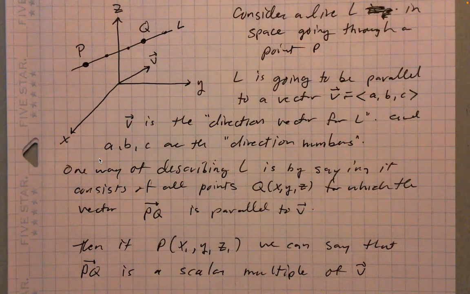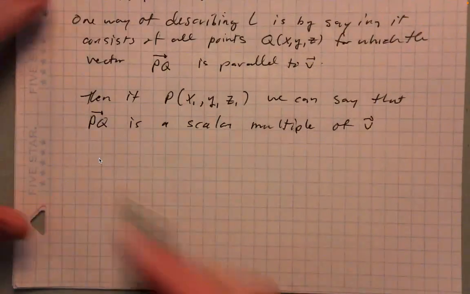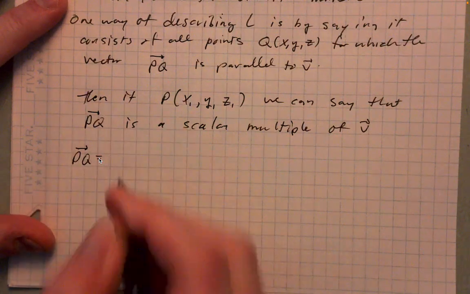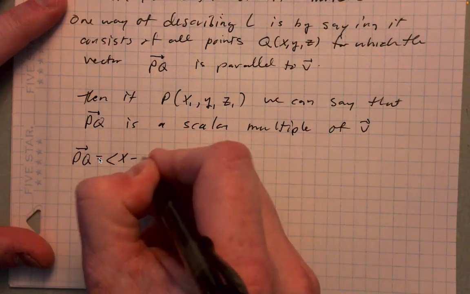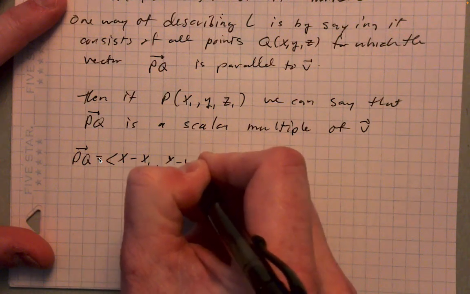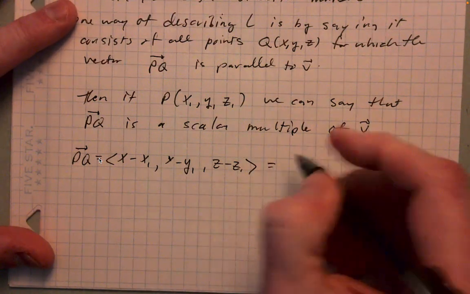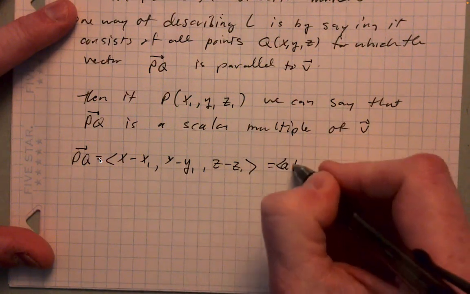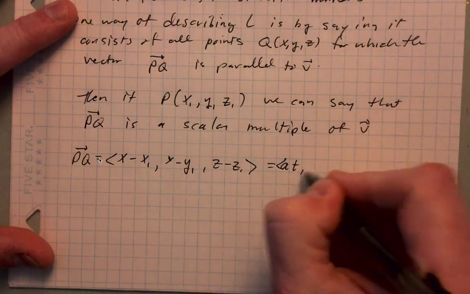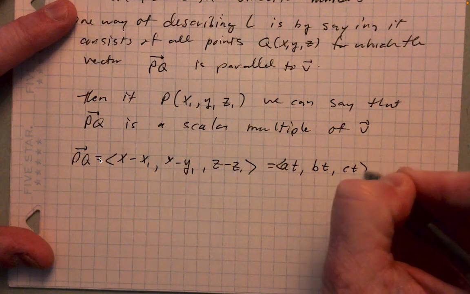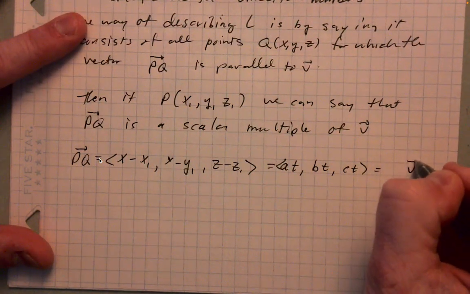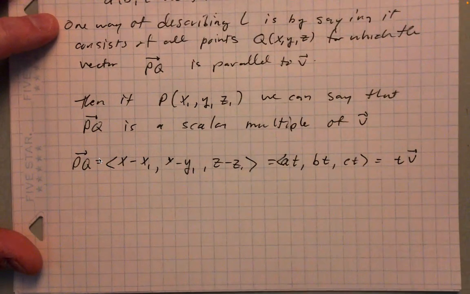They have the same direction. They may not have the same magnitude, but they have the same direction. And that being the case, we can write PQ is equal to ⟨x − x1, y − y1, z − z1⟩, and that's going to be equal to ⟨at, bt, ct⟩, which is basically just v multiplied by some scalar t.